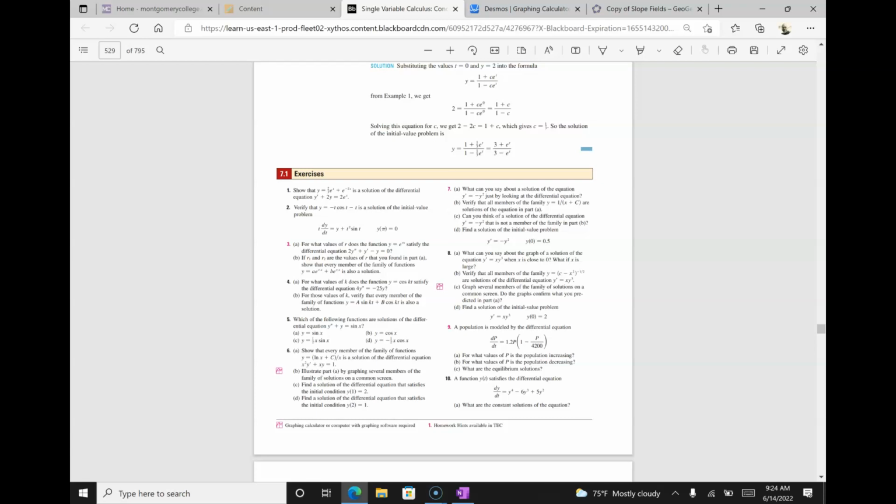So let's just look at number 2 here. It says verify that I have a solution for the initial value problem given to me. I just want to take a picture so I don't have to keep looking back.